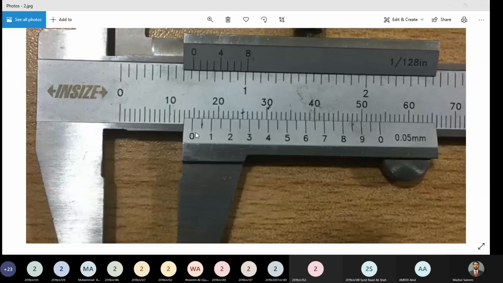The purpose of using vernier calipers is to get a more precise reading. Making an approximation is not something that we want in this case. If it was allowed, we would have simply used a steel rule and said that this dimension is 15 millimeters. Okay, we want a precise measurement.